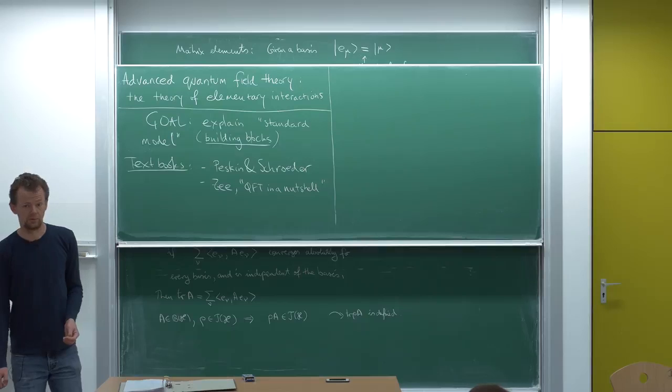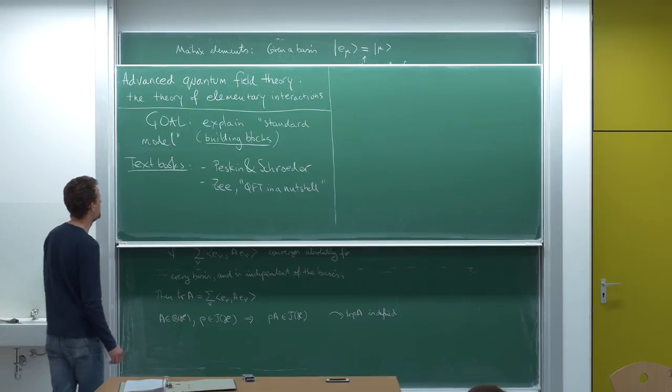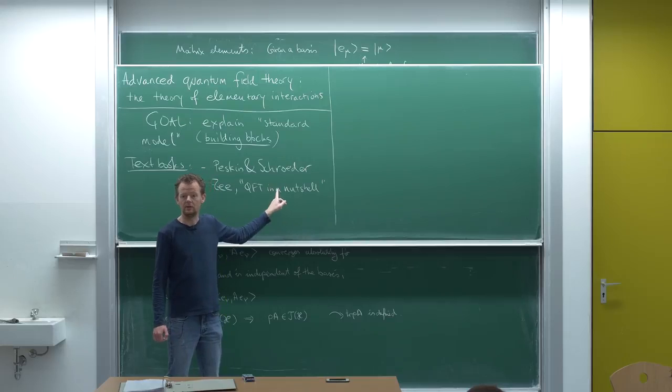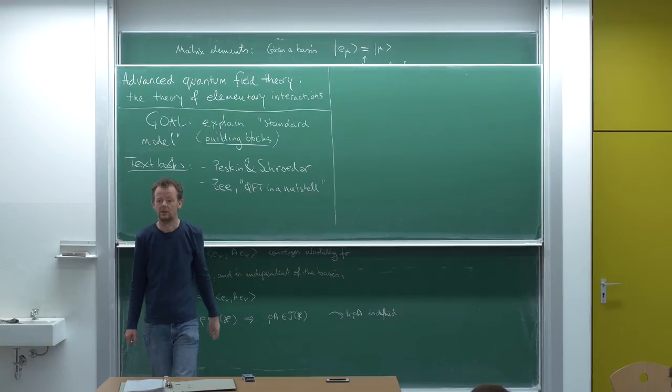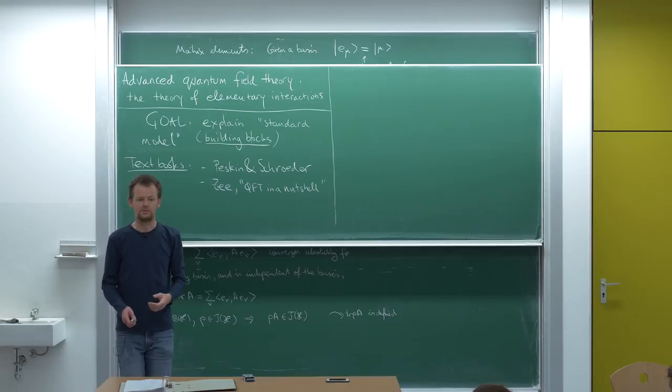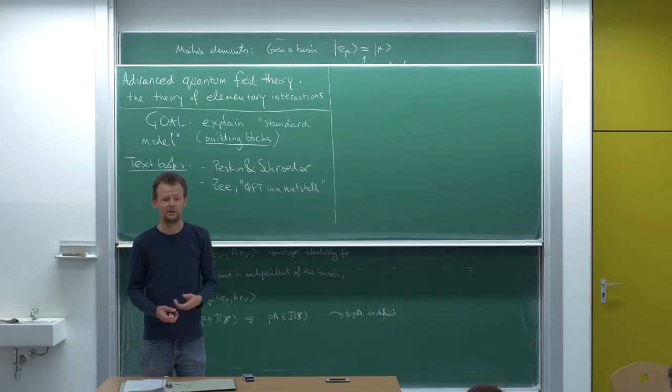However, it's a very demanding book. It's not a good first textbook, because many of the derivations are simply not included in there. If you want the details, you have to work them out yourself or find them in another textbook. So somehow these two books together are the inspiration for this course. There's a lot of stuff in here which is in no textbook, so I cannot give you a book.